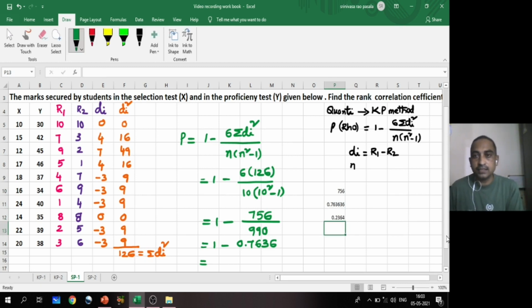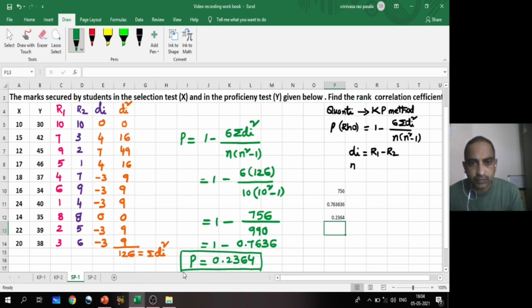So the value is 0.2364. So this is the rho value, the Spearman's rank correlation coefficient between the two variables in the given data.